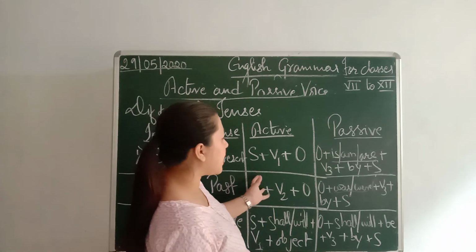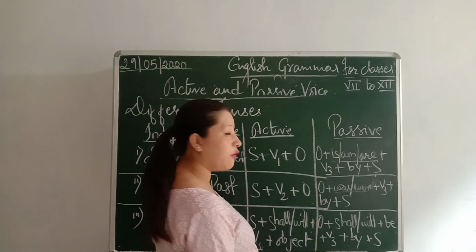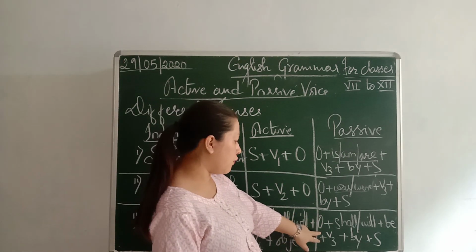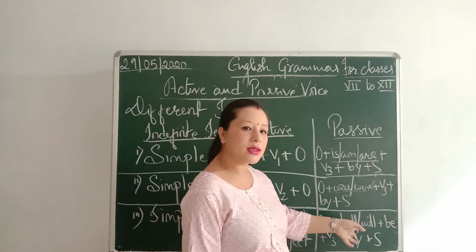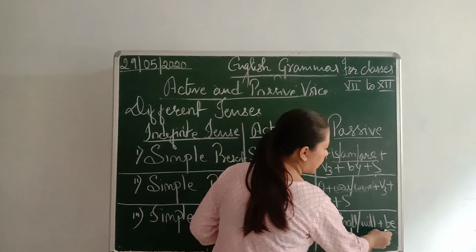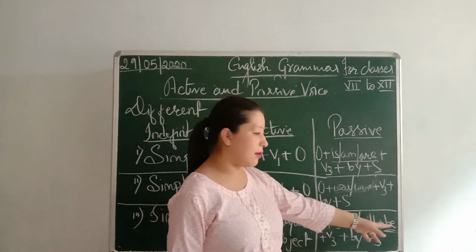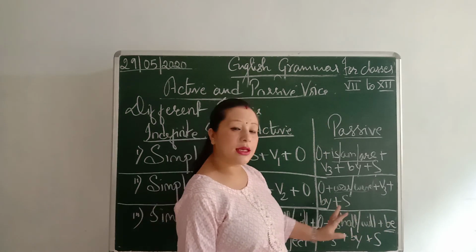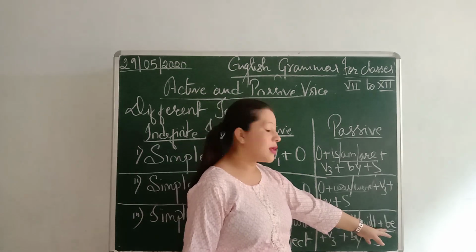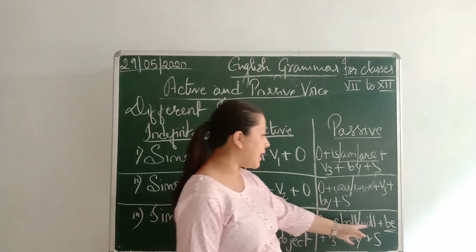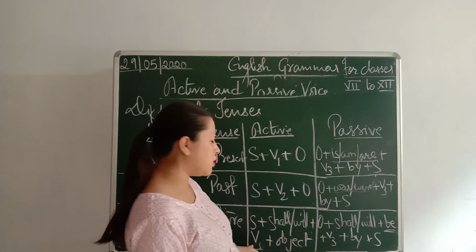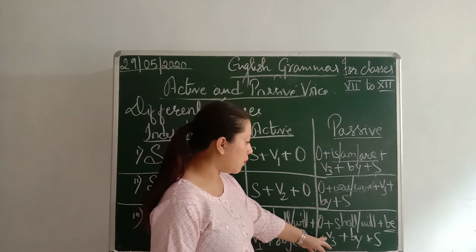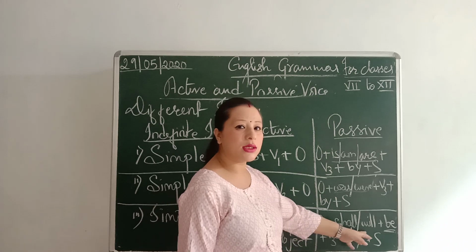So when you change this active into passive in the simple future tense, the object comes first, plus shall and will remain the same, but a new word is added, that is "be". Shall and will stay in the same place, and be, the first form, is added with shall and will. The first-place verb will be in the third place, plus the preposition word plus the subject.